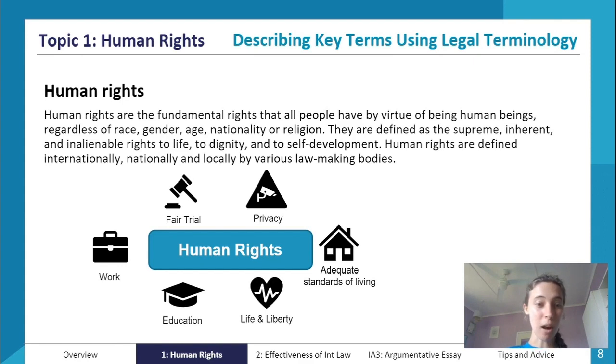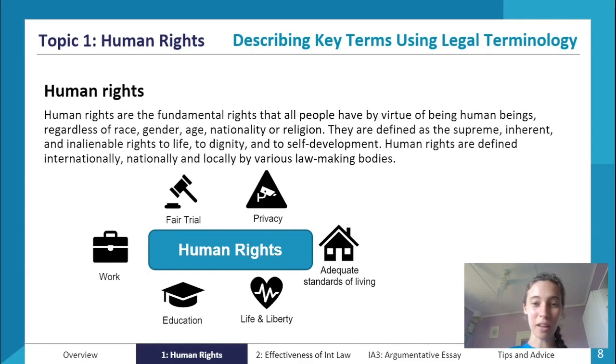Human rights are the fundamental rights that all people have by virtue of being human beings, regardless of race, gender, age, nationality, or religion. They are defined as the supreme, inherent, and inalienable rights to life, to dignity, and to self-development.